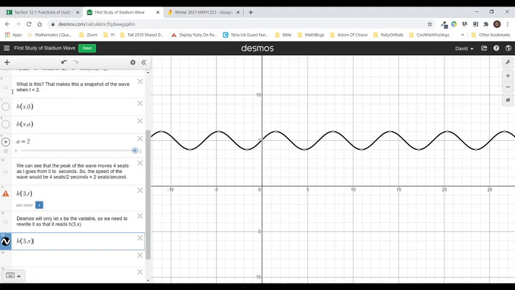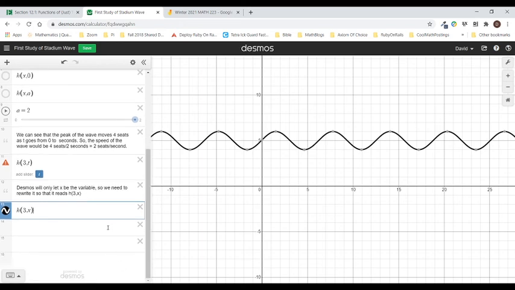Mind you, this is not a snapshot, because x in this case is actually playing the role of time, and 3 is what we're focusing on. So we are absolutely 100% not looking at a snapshot. What we're looking at is the motion of the person's head in seat 3 over time. Let's add a little note that says that.